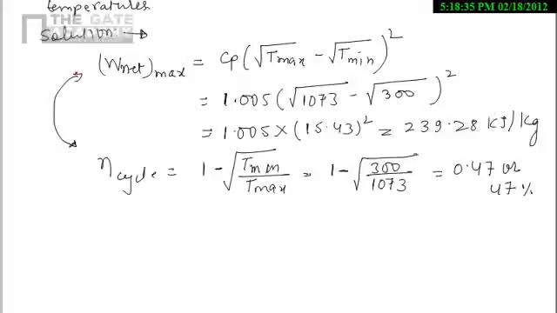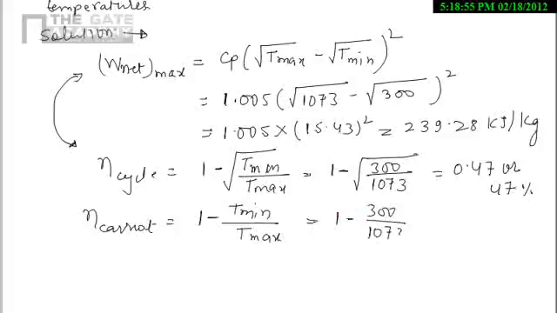And now we have to compare this efficiency with the Carnot cycle efficiency. So let's calculate the Carnot cycle efficiency. For Carnot, we have the formula 1 minus Tmin by Tmax. So 1 minus 300 by 1073 comes around 0.721, or 72.1%.